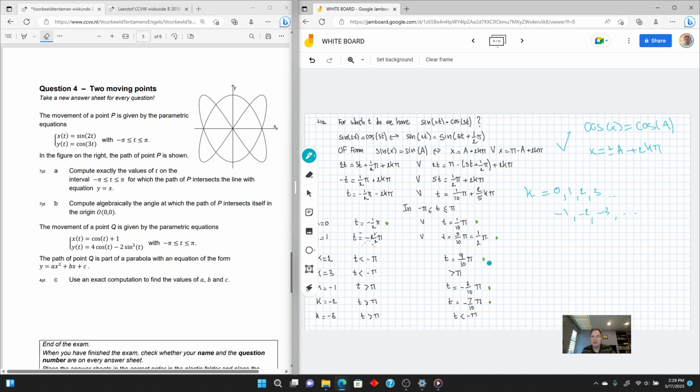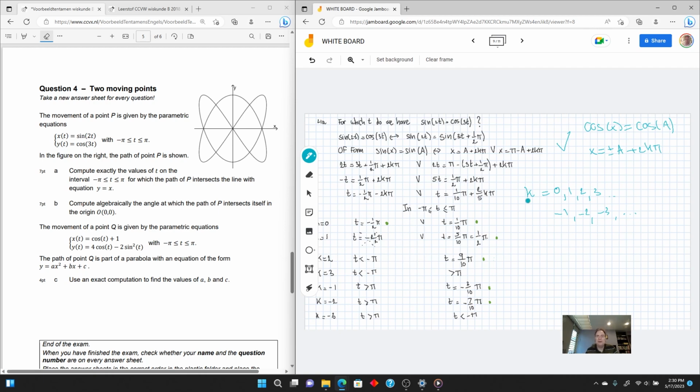So this is a solution. Then just do k equal to 2. And if you do k equal to 3, then you're outside of the range. And go to k minus 1, minus 2, and then you find 2 more solutions. But when k is equal to -3, it's again outside of the range.